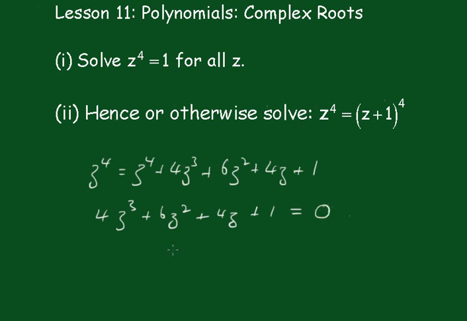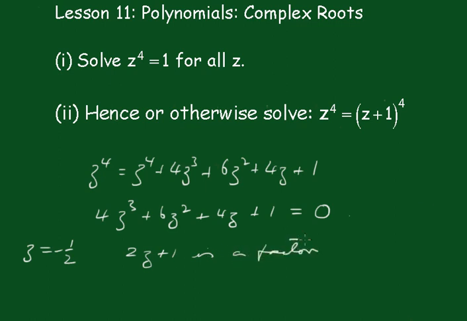Now, we can see here that we've got a 1 and a 4. So obviously 1 or minus 1 won't work. So we'll try other solutions. So it's only trial and error with this one. I'll cheat a little bit. I'll try z equals minus a half. So when you put z equals minus a half in here, you'll get 0. So that means that z equals minus a half is a root, which we had from the previous one.